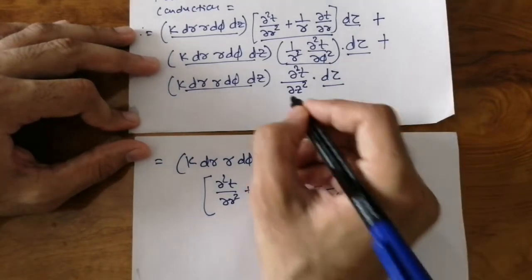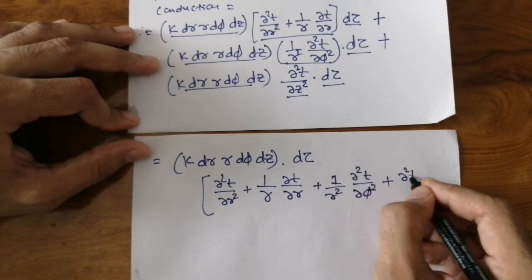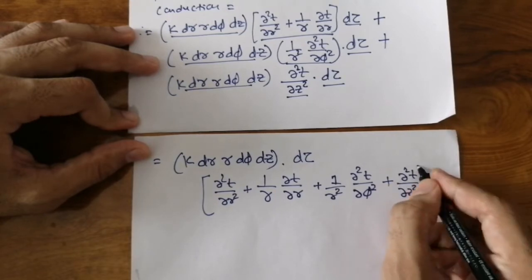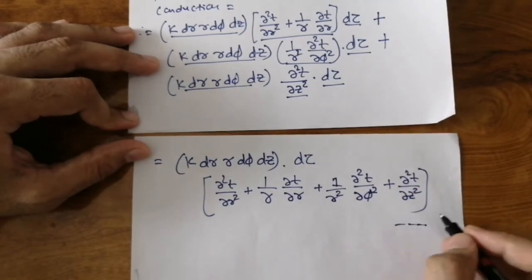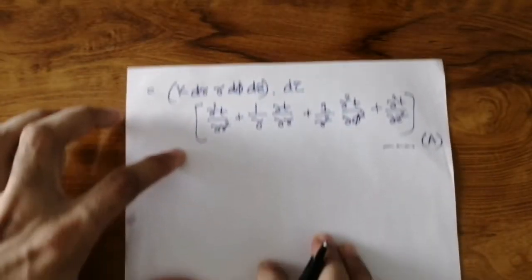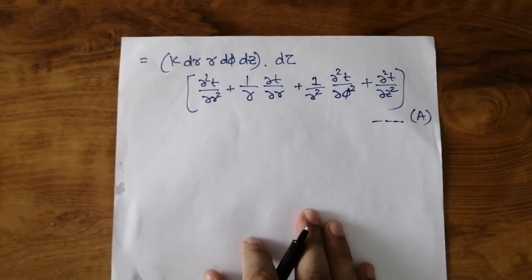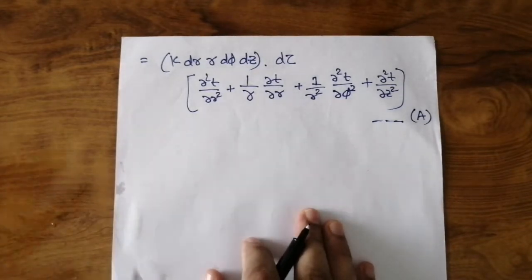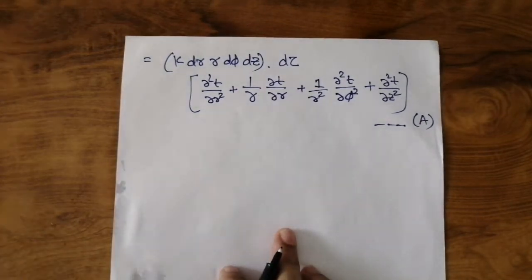Plus this term del square T by del z square. This is our equation for the part A. So part A equation is derived: net heat generated within the element due to conduction. Over.